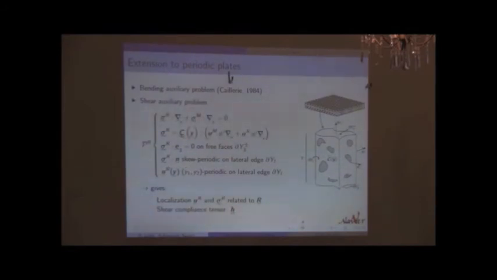Doing the same kind of machinery, you can derive a shear auxiliary problem, which you have to solve. Here I directly parameterize this auxiliary problem as a function of the generalized shear force. Solving this auxiliary problem will give you the shear compliance tensor and the localization related to the generalized shear force.